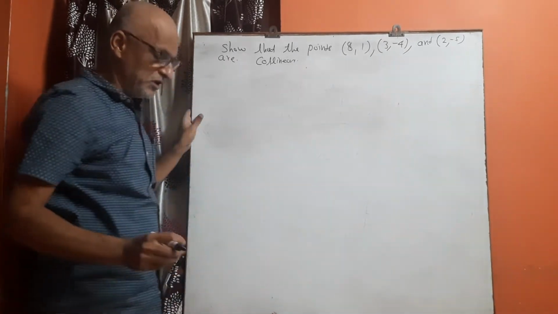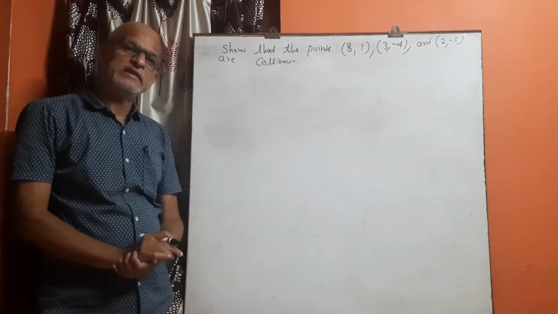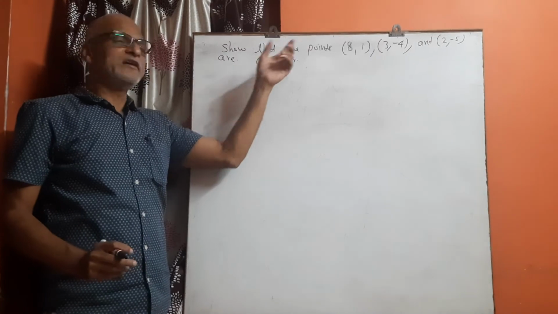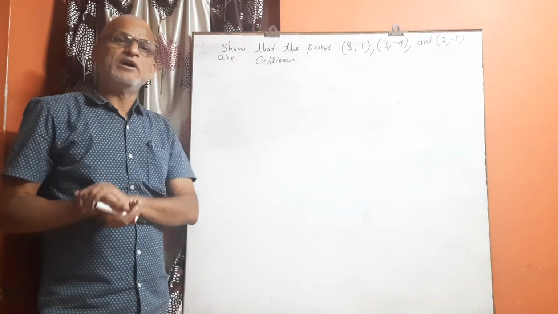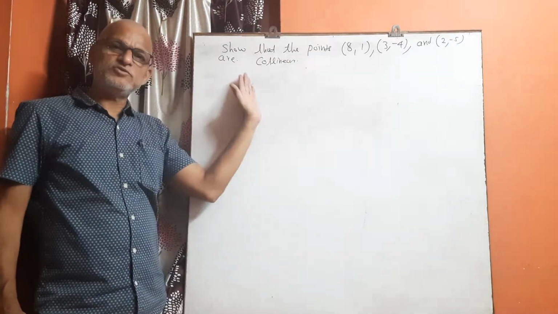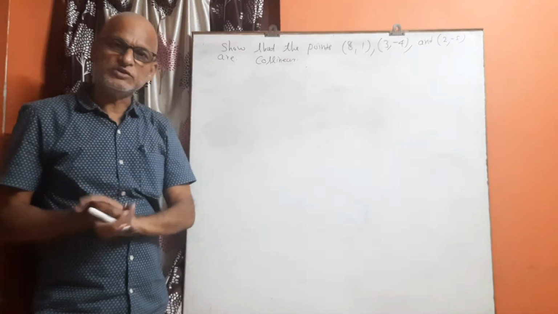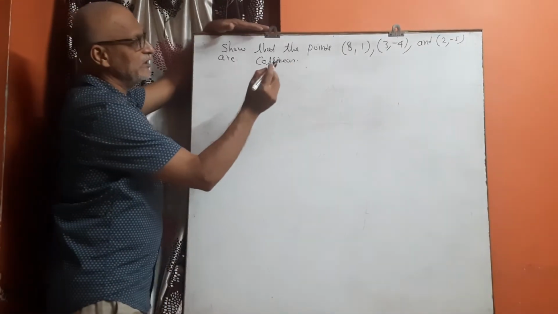Now the points are collinear, that means what we have to show? That the area of the triangle is equal to 0, or we have to show that the determinant of x1, y1, 1, x2, y2, 1, x3, y3, 1 is equal to 0. So let us start with the determinant.